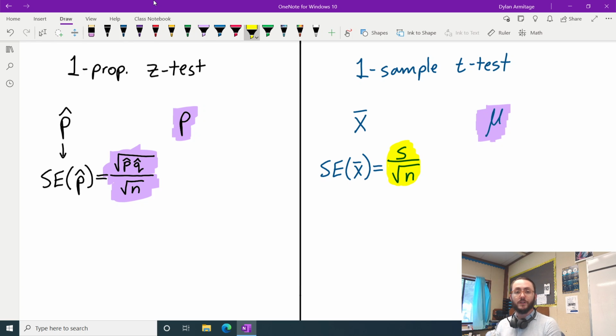Right? If you think about it for the means, okay? If you have a population and you're taking individuals from that population, their values may be really far away from the average. But if you take a group of people from a population, that average of that group should be closer to the actual population average.